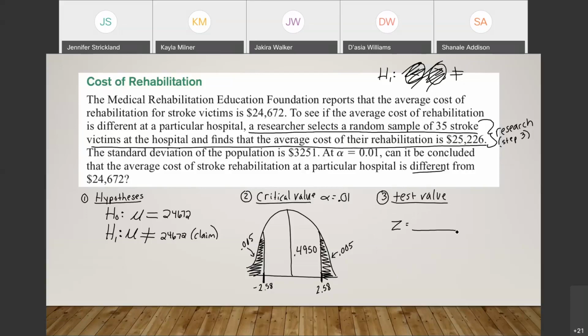Starts off with 25,226. Good. Minus the 24,672. And 3,251, divided by square root of 35.